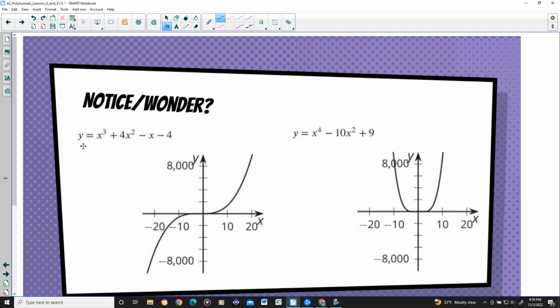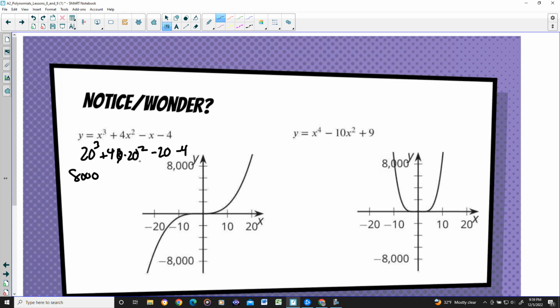Like if I were to do 20 to the third plus 4 times 20 squared minus 20 minus 4, I'm going to get a very, very large number. Let's see, this is 8,000. 20 squared is 400, and 400 times 4 is 1,600.